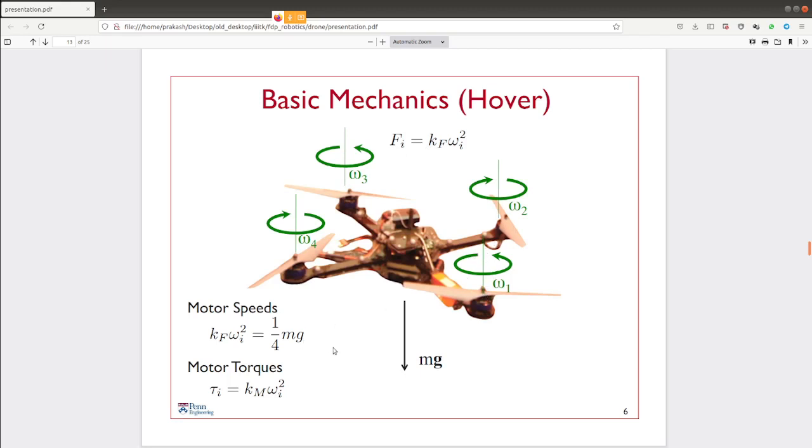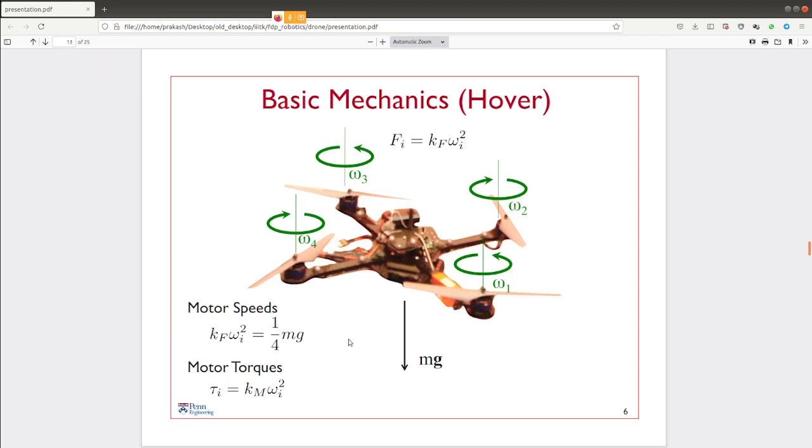So that's the force balance, and the total force applied due to the lift force from these motors should be equal to mg in order to balance. Otherwise, these are the forces which are acting at each motor.